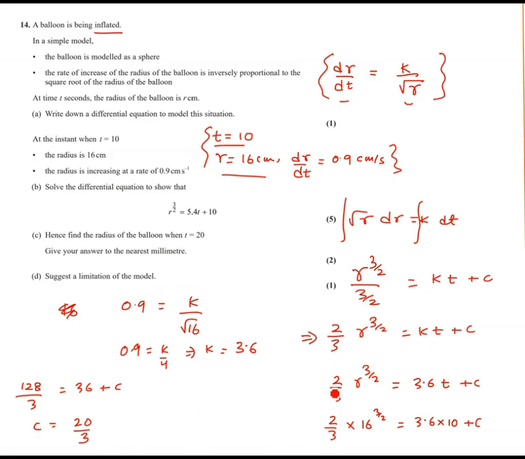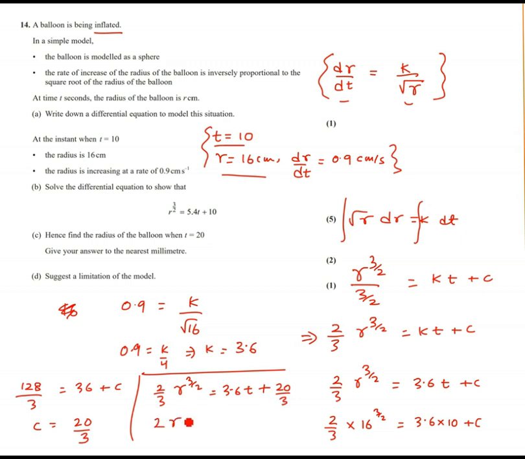That means we can rewrite the equation: 2 by 3 r to the power 3 by 2 equals 3.6 t plus c, where c is 20 over 3. So let's multiply by 3 on both sides.